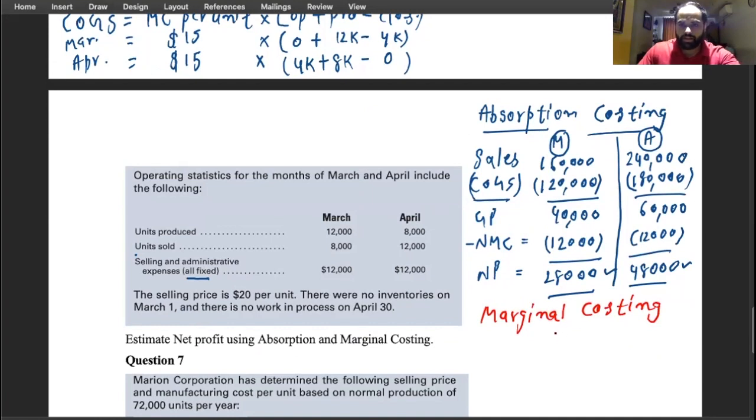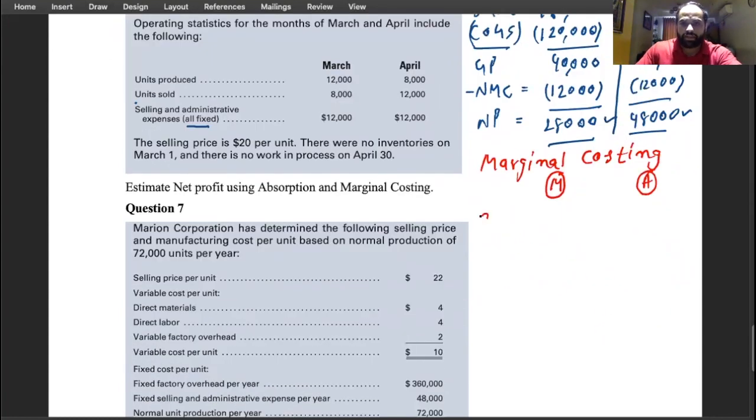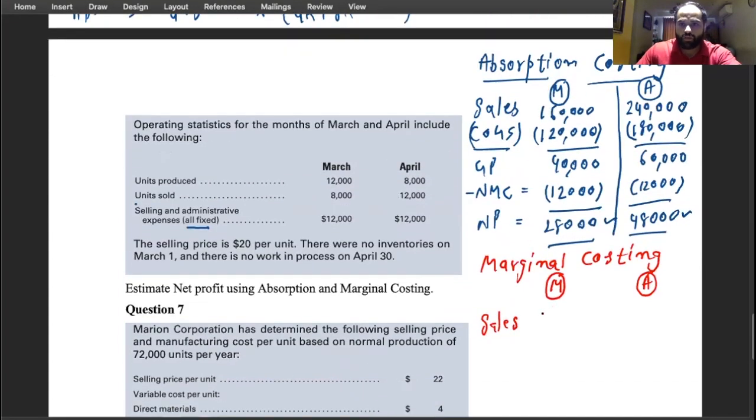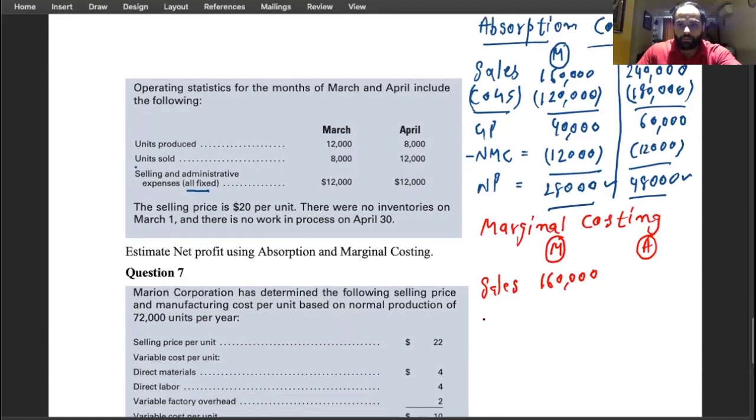So we have 2 months, March and April. We start with the sales for March. Sales will be same, which is 160 for March, minus variable manufacturing cost. The formula is variable manufacturing cost per unit multiplied by cost of goods sold units.